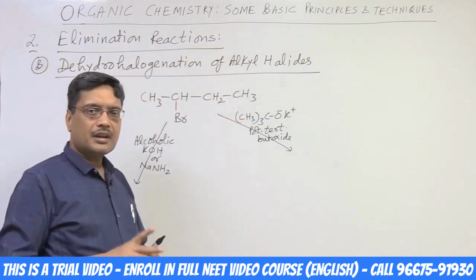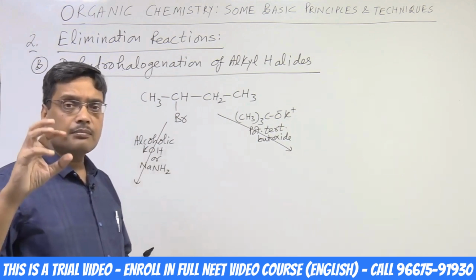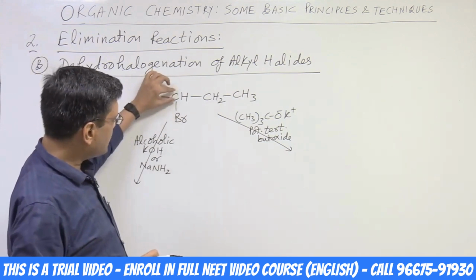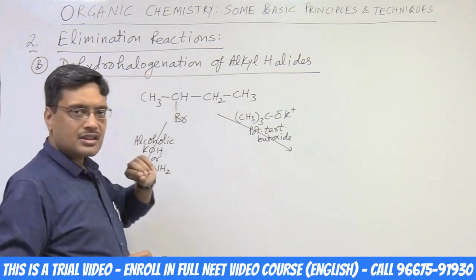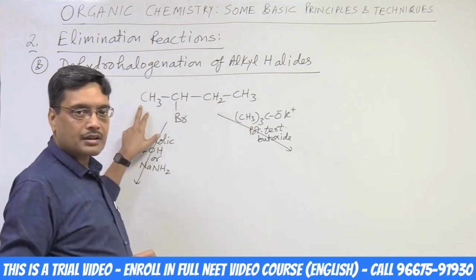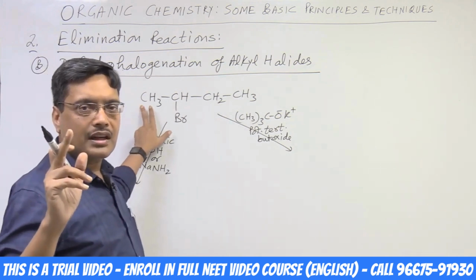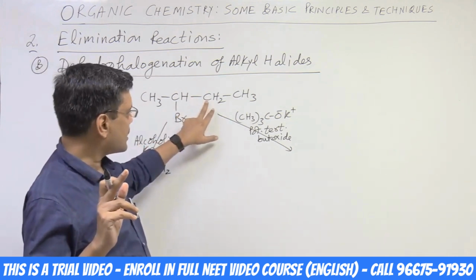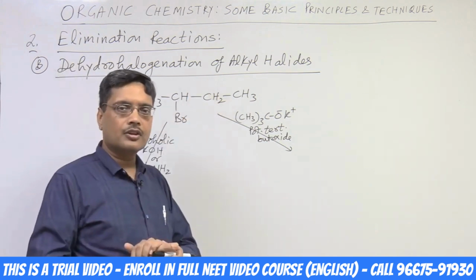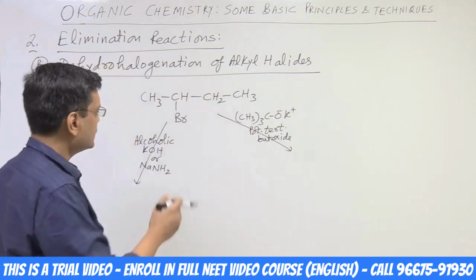Hydrogen atom is eliminated from that beta carbon atom where the number of hydrogen atoms is less. This is the alpha carbon atom at which Br is attached, and this is the beta, this is also the beta, but at which beta is the number of hydrogen atoms less? So this beta carbon has fewer hydrogen atoms. So hydrogen atom is eliminated from this carbon.